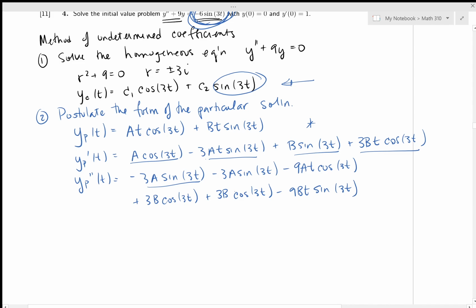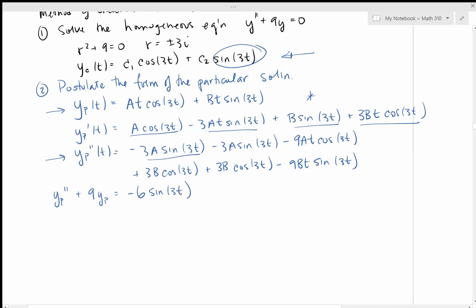Okay, so I'm going to now substitute in these. Well, mercifully, I actually don't need this one. So I'm going to substitute these two things into yp double prime plus 9yp is equal to minus 6 sine 3t. That's the differential equation. I substitute my proposed particular solution in there to figure out what A and B are.